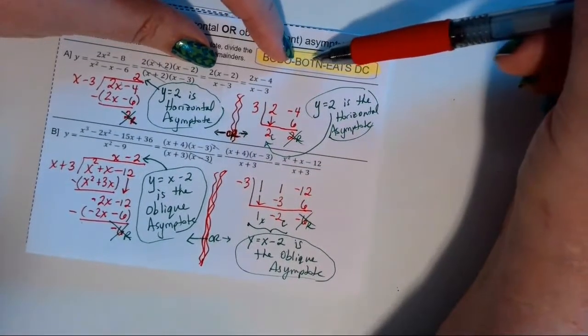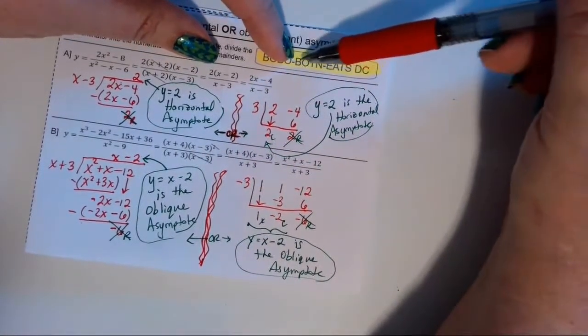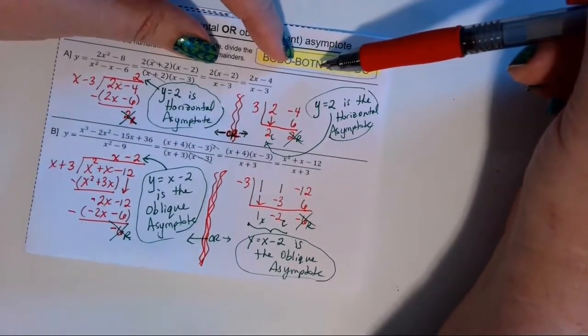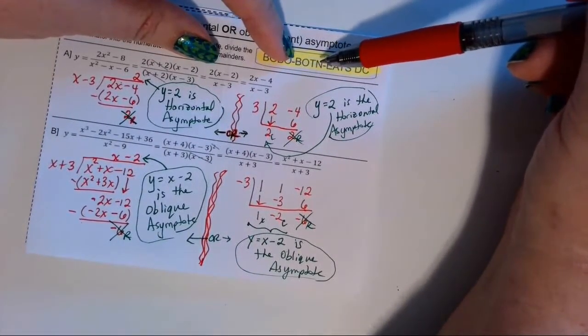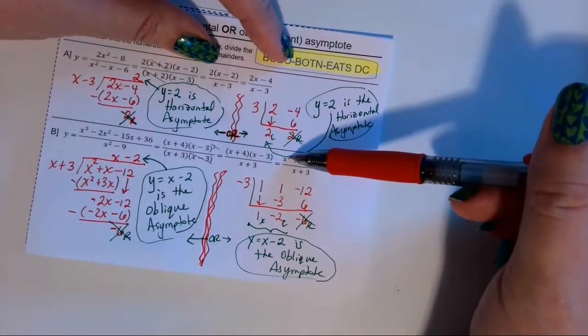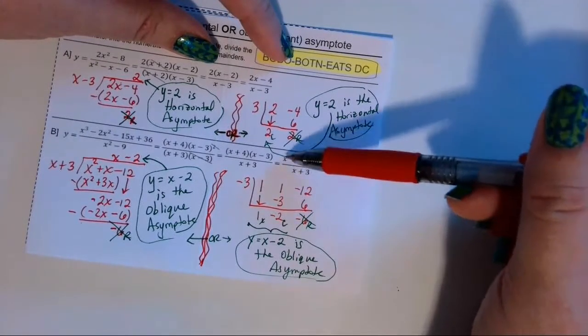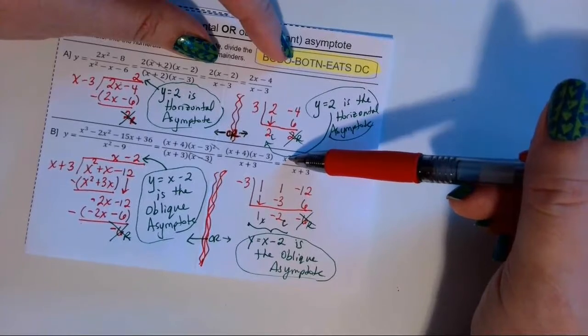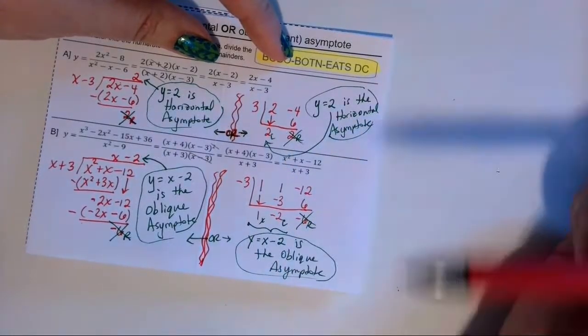So bigger on top none means there is no horizontal asymptote if your numerator is a bigger degree than your denominator. Instead, there will be an oblique asymptote. And so if you look at this example B, right, we have x squared in the numerator and x in the denominator, so degree is bigger on top. So we had no horizontal asymptote, instead we had oblique.